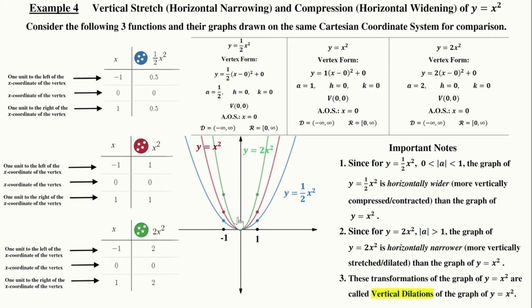Notice the same input, -1, the output here is doubled. 2 times 0 is of course 0, that doesn't change, but for the input 1, 1 squared is 1, but 2 times 1 squared becomes 2. So all the outputs are getting doubled for the green curve.